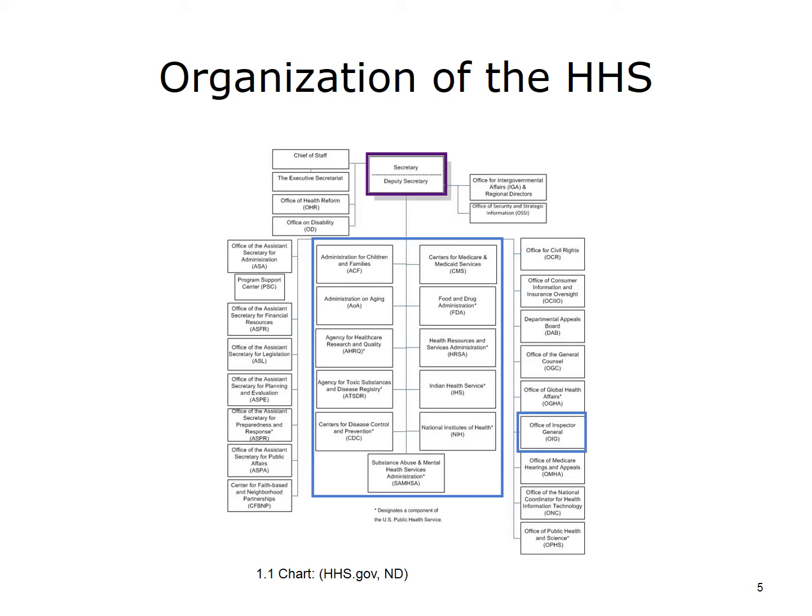The other 8 divisions are part of the U.S. Public Health Service. The Office of the Inspector General will also be discussed. Overall, the HHS runs more than 300 healthcare programs.